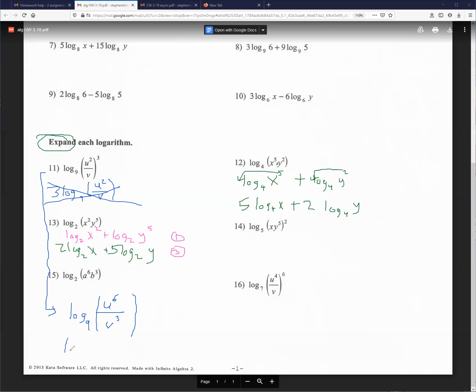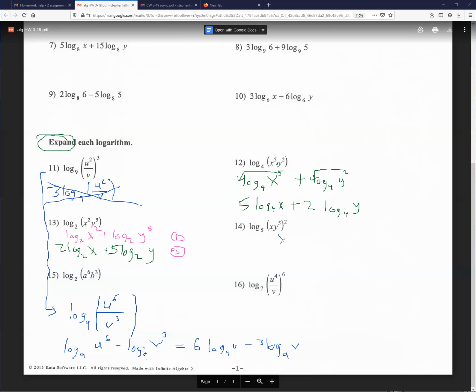So now we'll use log property 2, log base 9 of u to the 6th minus log base 9 of v cubed. And then we'll use log property 3 and say that this is 6 log base 9 of u minus 3 log base 9 of v.